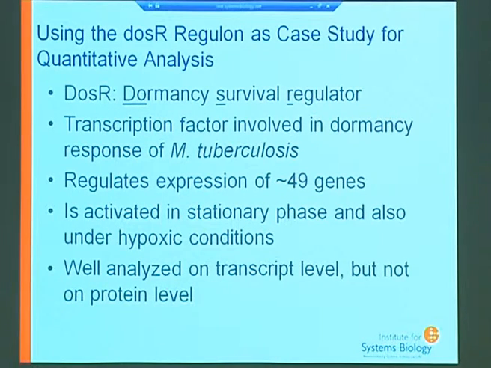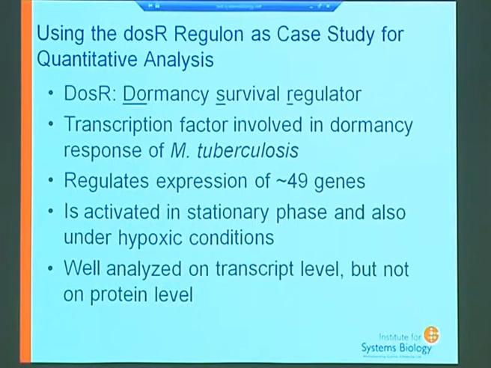Whenever the bacterium comes in and goes into the macrophage, that transcription factor is turned on and puts the mycobacterium into hibernation. It expresses about 49 genes. The reason why I selected 34 is because these are the ones that were identified in these runs, which is about 60%, which is quite good.